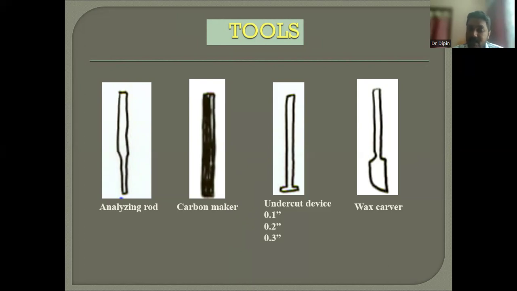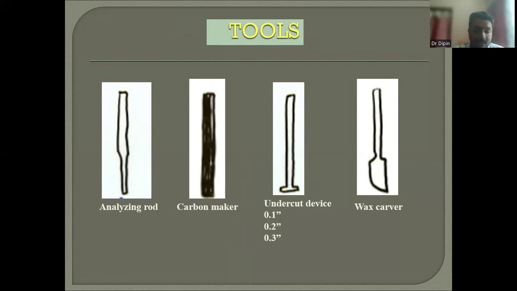Another one is the undercut gauges, or undercut devices. I told you we have favorable undercut and unfavorable undercut. In the favorable undercut also we have different depths which can be used to engage the retentive terminal. That will be accurately measured by using an undercut device or undercut gauge. And the wax carver.